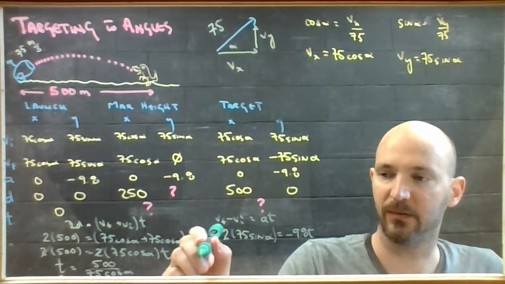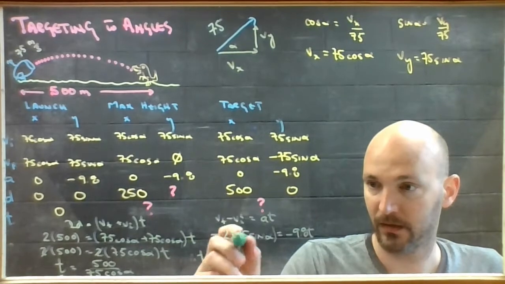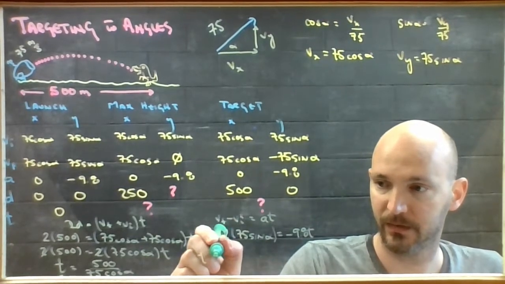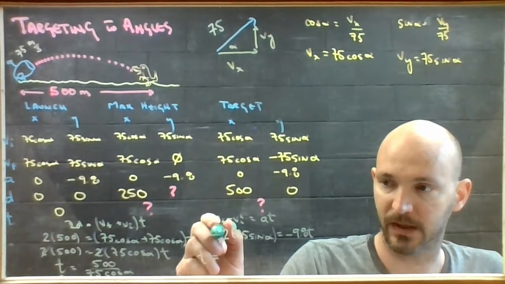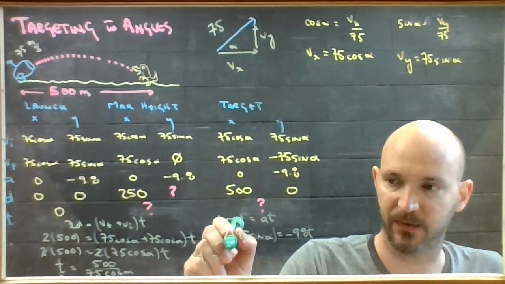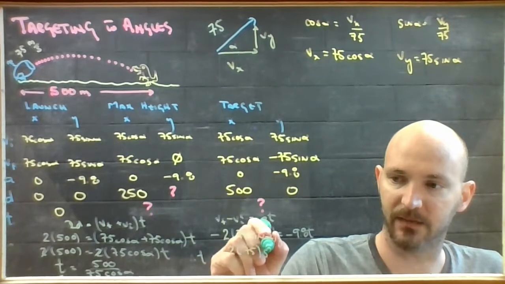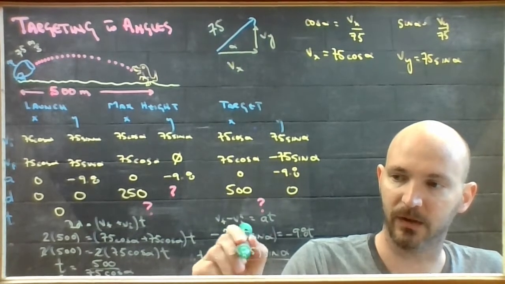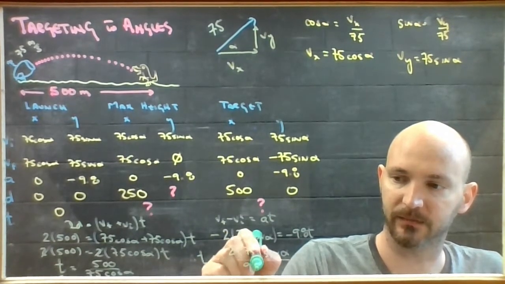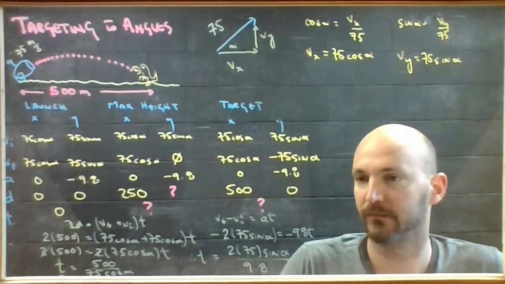So t would be 2. Negative and negative undo each other, so I'm left with 2 times 75 sine alpha over 9.8. Okay.